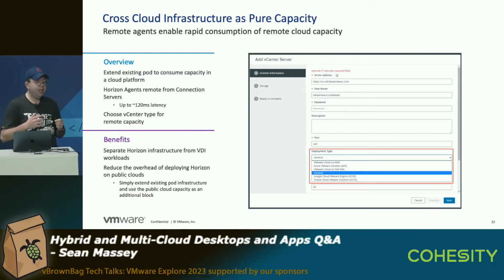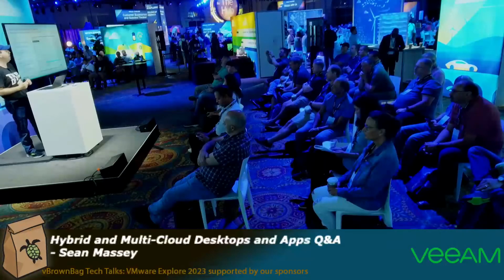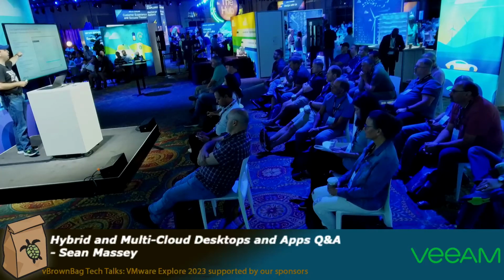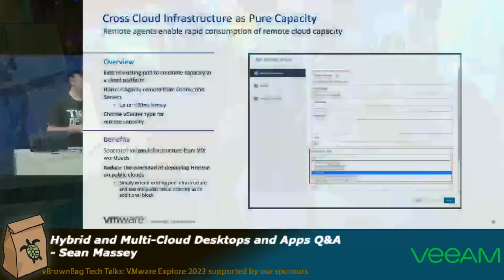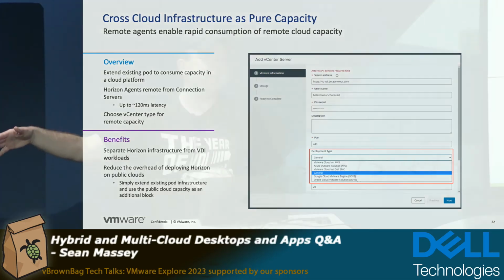Now, this does have some networking requirements. You have to have a fast, low latency connection. And by low latency, I mean less than 120 milliseconds round trip. So it needs to be fairly local. You're not going to be doing this across an ocean to an SDDC in Europe or Australia, as an example.